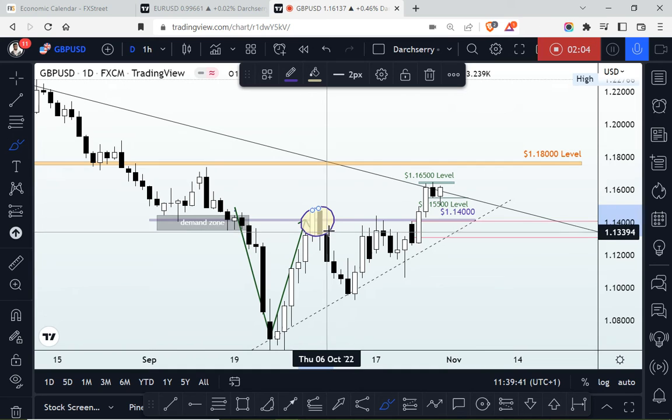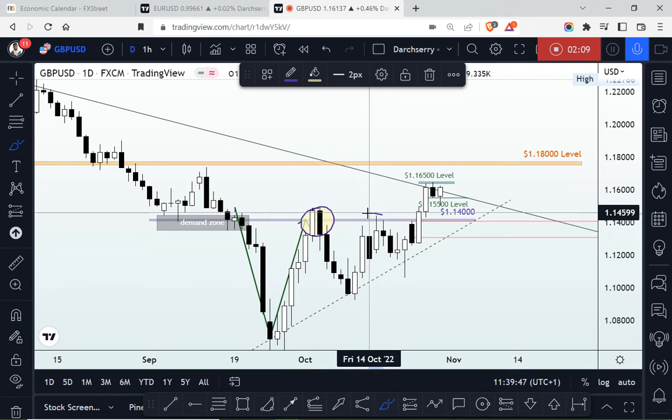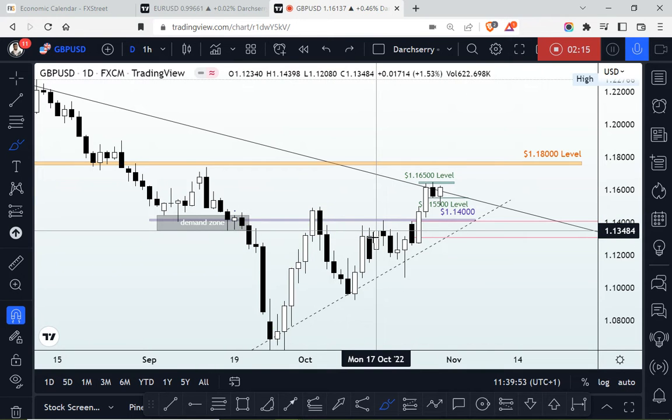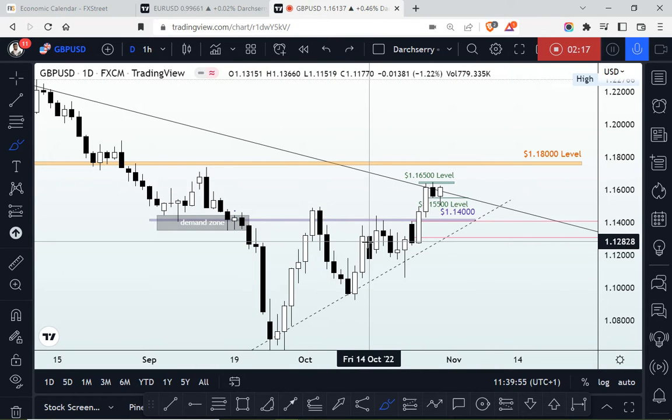We saw how that 1.1400 level has been holding selling pressure. The same thing happened a couple of weeks ago as we saw selling pressure from that area to push price to the downside.